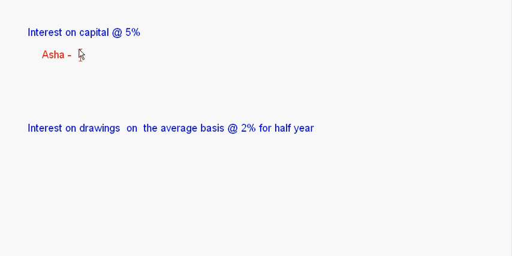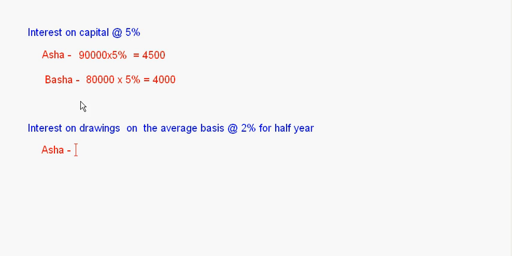So for Asha it will be 90,000 into 5%, which comes to 4,500. For Basha it is 80,000 into 5%, which comes to 4,000. So this was omitted.